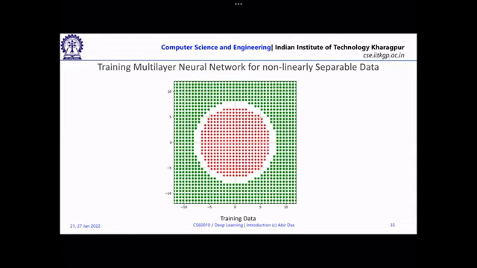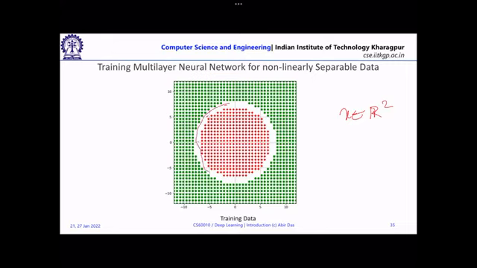You have some 2D data, so these are some x's, where x is in R2. Red classes are positive and greens are the negatives. You see that you cannot actually find a linear separator. You have to find probably a circular separator.